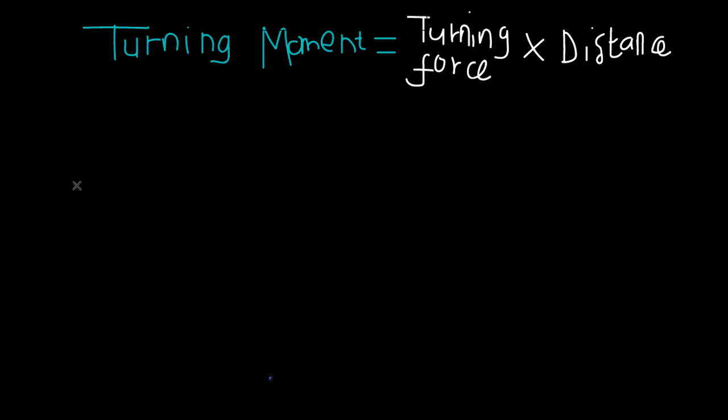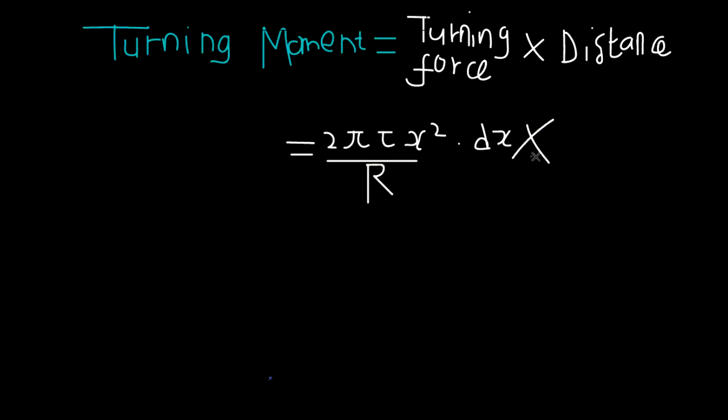So it will be 2 pi tau x squared over r dx, multiplied by x, since the distance will be x.